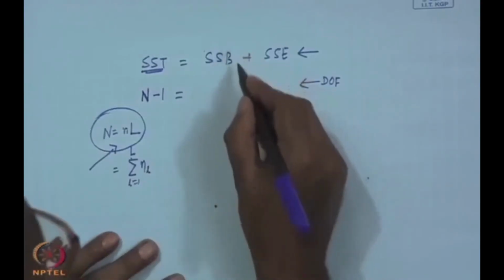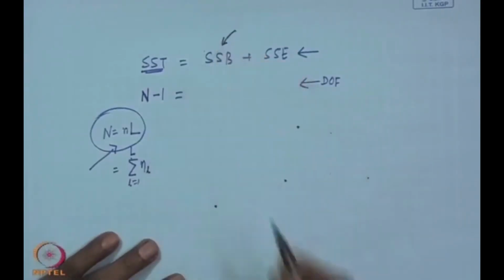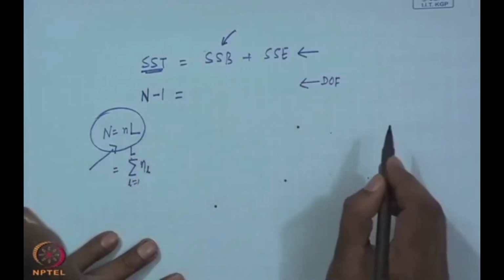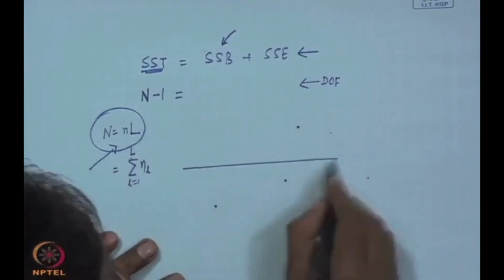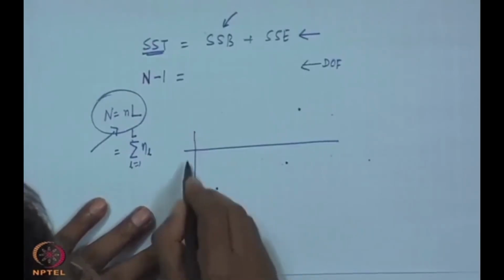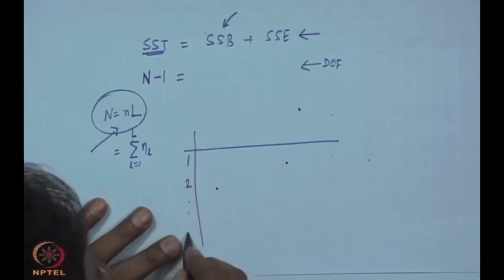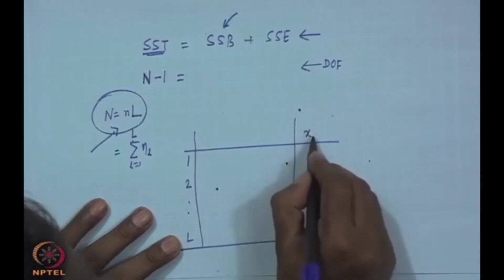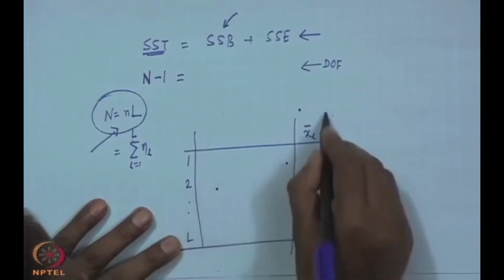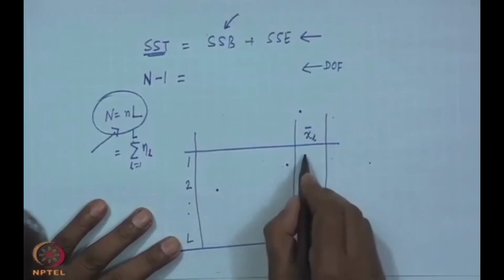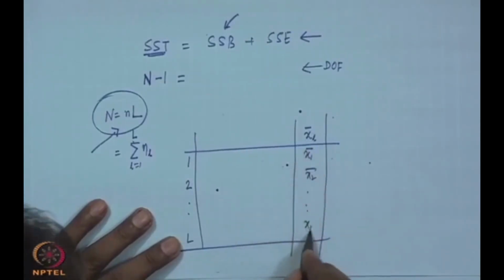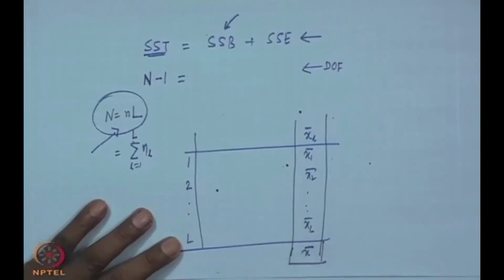Now, come to the between sum square. Under the between sum square, how many levels do you have? If you see the computation, you will be finding population 1 to population L, and you compute x1 bar, x2 bar, up to XL bar, and then you find the grand x bar.